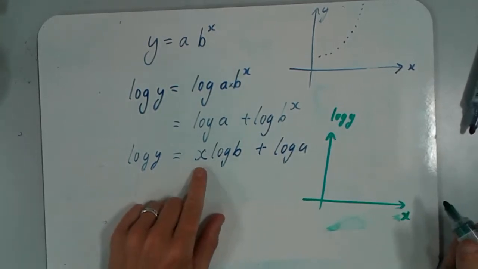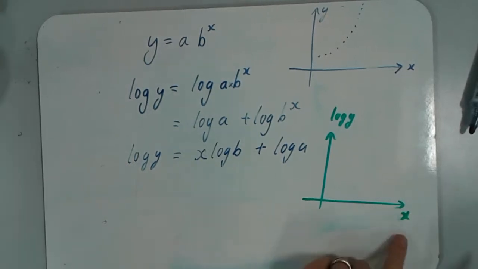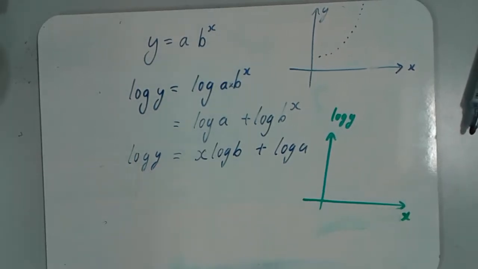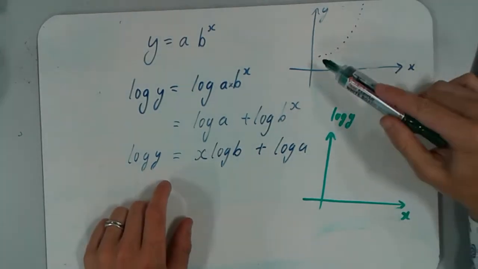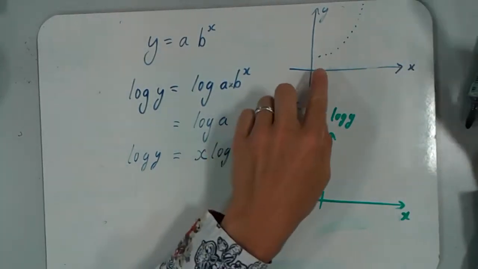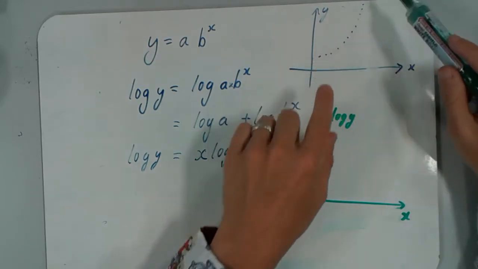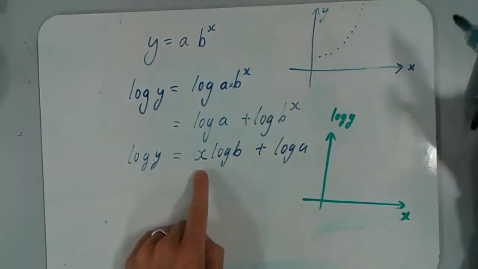If we look there, x is not inside a logarithm, so this is still just an x-axis. What will this graph look like? We should know that if we take logarithms of an exponential, it just becomes linear.